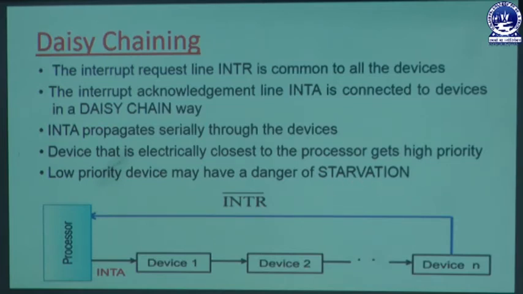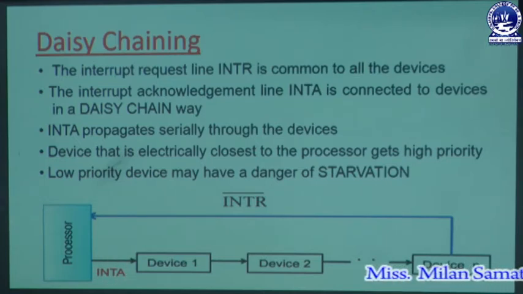And what do you mean by starvation? Starvation means waiting for the longest period of time to get the service. So this lowest priority device, let's say device N, may wait for the longest period of time to get this interrupt acknowledgement signal.